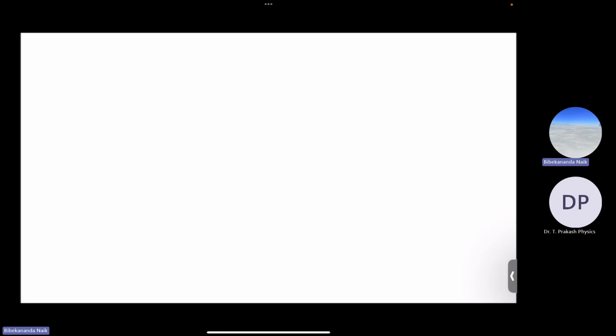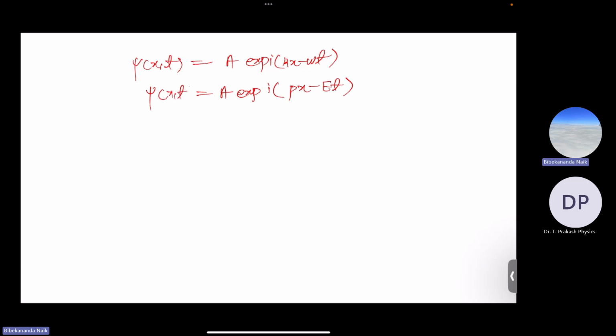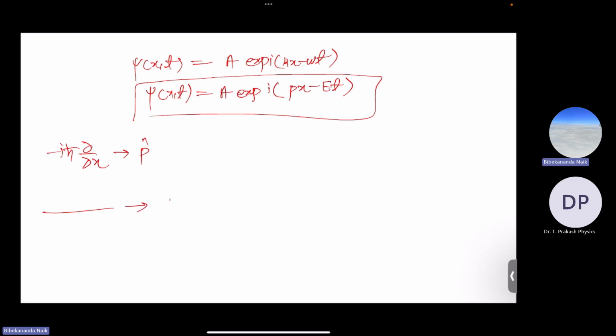Yes, sir, it's visible. So I told you the plane wave function is given by A exponential i (kx minus omega t), which can also be written as A exponential i (px minus Et). And I told you how we know that minus i h cross del by del x is the momentum operator. So similarly, can you tell me what will be the energy operator?